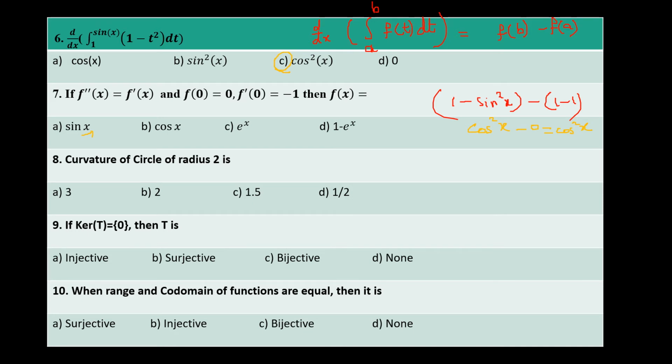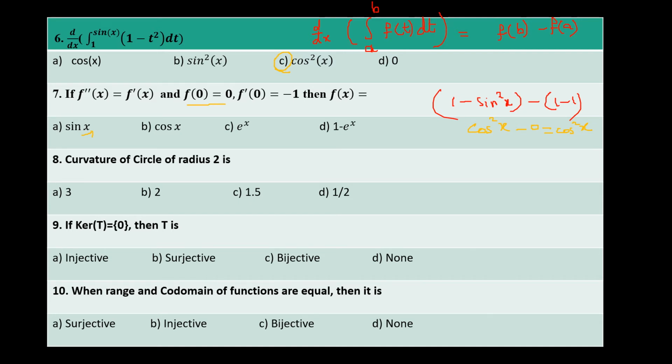And for this one, its first derivative is e raised to power x and its second derivative is also e raised to power x, so it can be an option. But if you look at the condition f of 0 equals 0, it won't be satisfied, because if you plug x equals 0 into e raised to power x, you get 1, which is not equal to 0, so this can't be the solution.